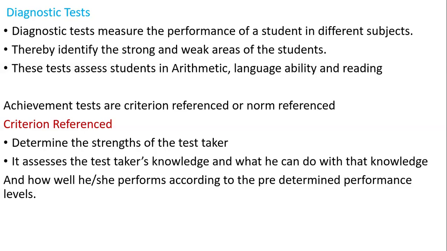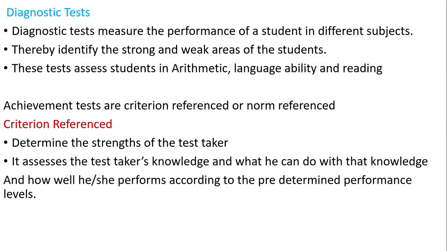If we consider IELTS tests, there are criteria for marking even listening, reading, writing. According to the criteria, we have to give the marks. Even for A levels, also the same criterion reference. Even O levels, the criterion reference. They give criteria for us to give marks, right?